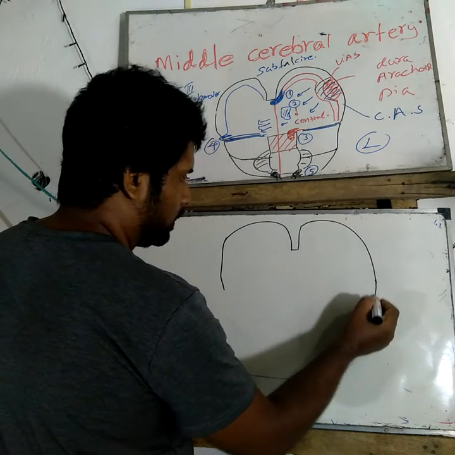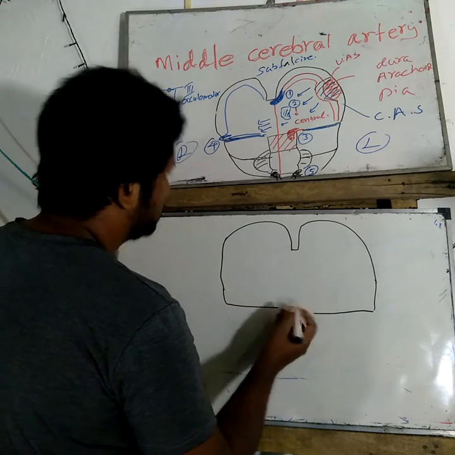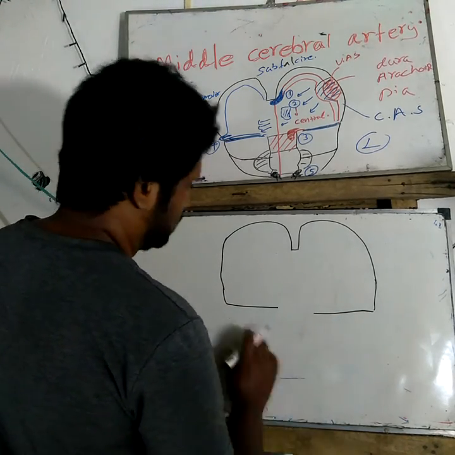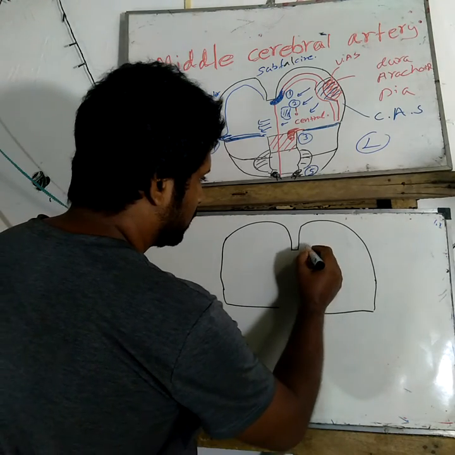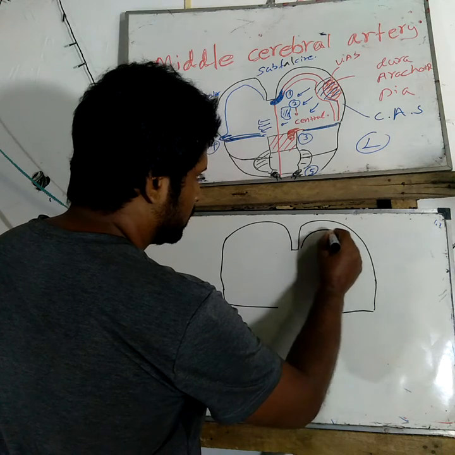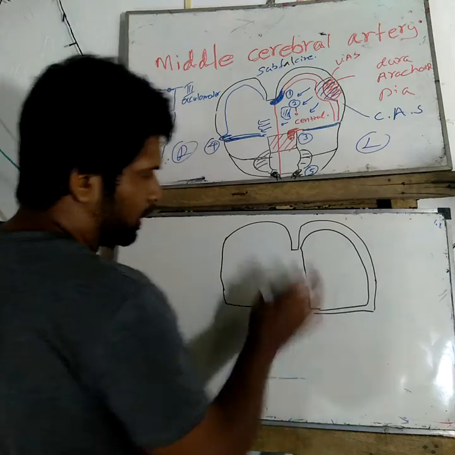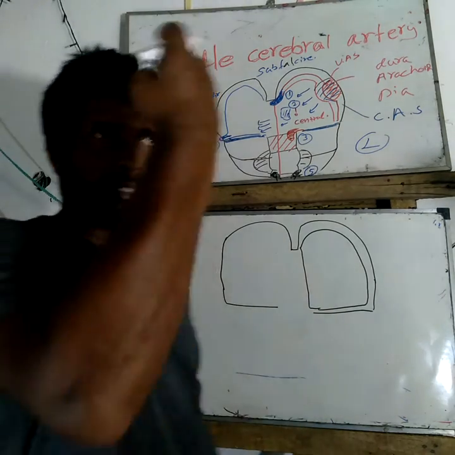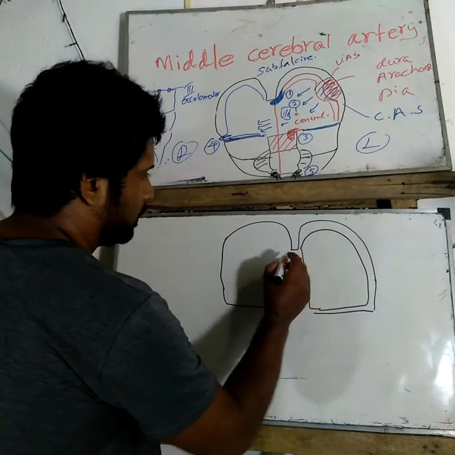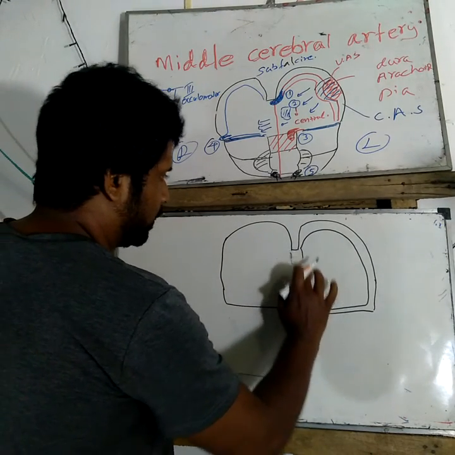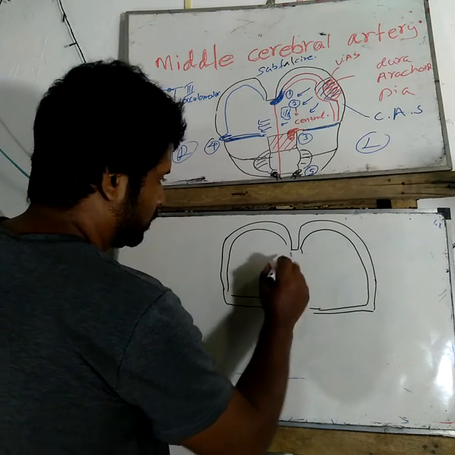This is the skull. This is the cortex. This is the cutoff, the sagittal and coronal cutoff. The coronal cutoff. We can identify the two hemispheres. This is the hemisphere, two hemispheres.